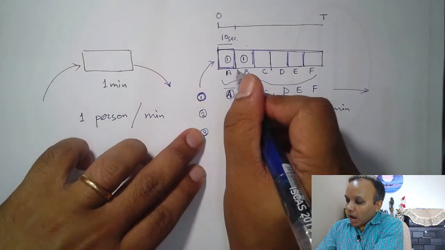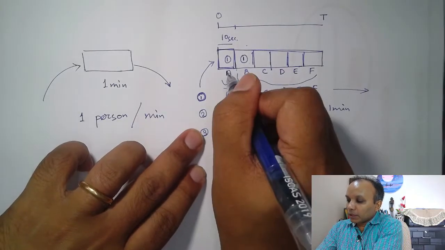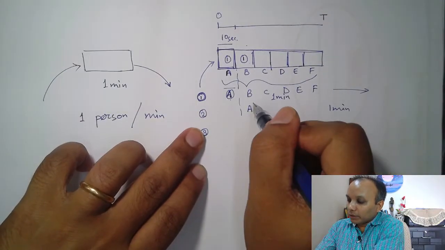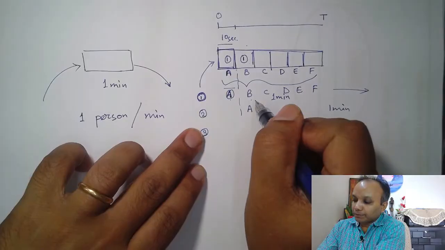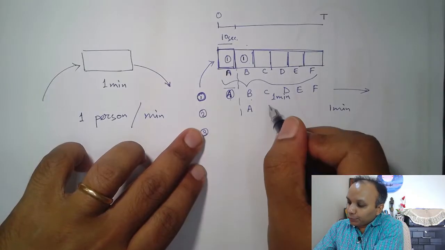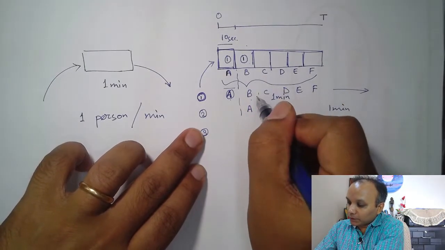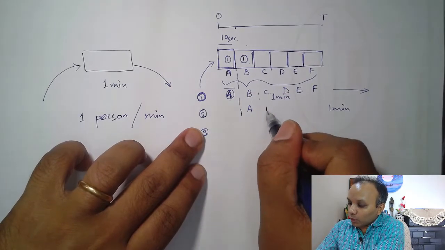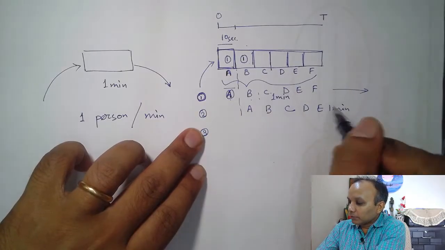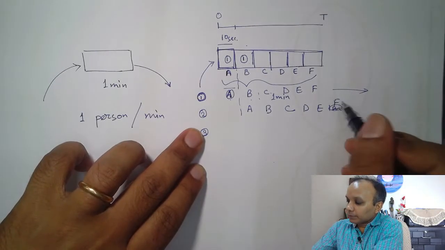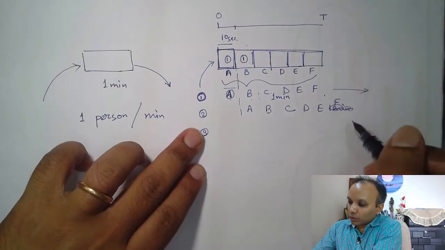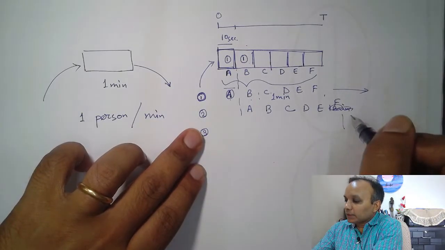Now, look at this second guy. After the first 10 seconds, counter A is free, so he moves to counter A when the first guy moves to counter B. When the first guy moves to counter C, he moves to counter B, and so on: C, D, E and F. So you see that after 1 minute the first guy came out of the queue, and after 1 minute 10 seconds the second guy came out.